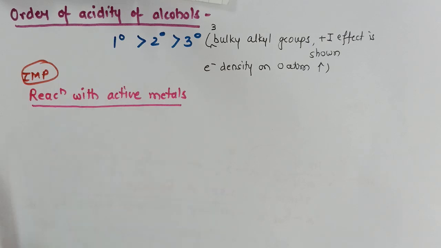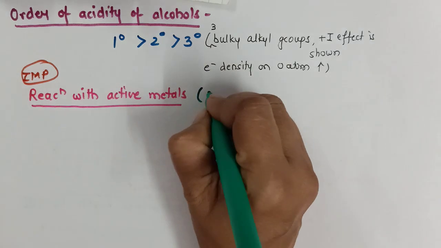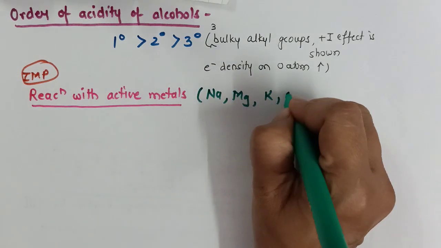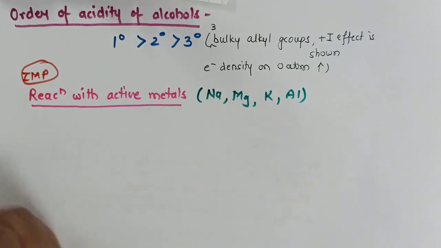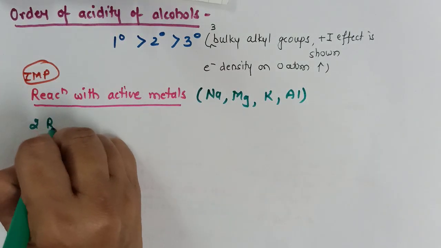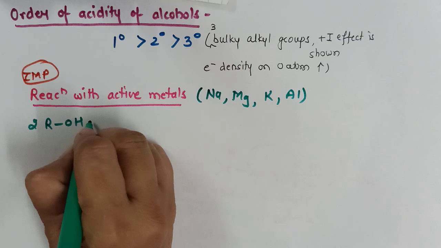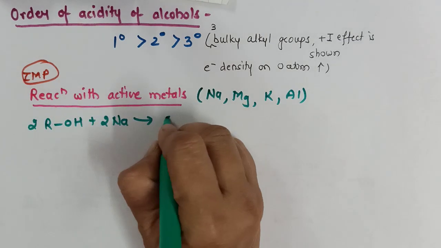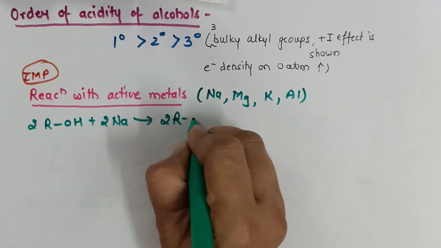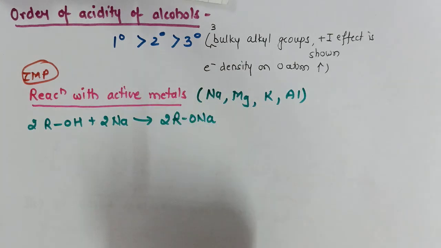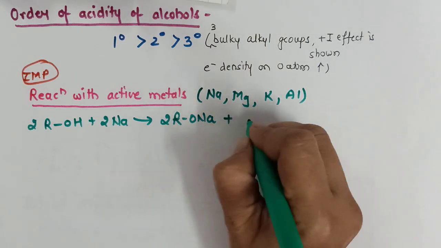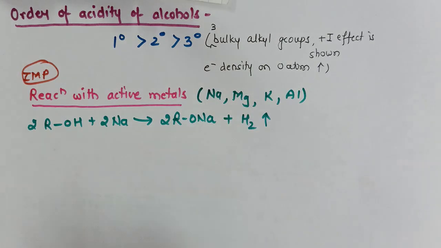Now these active metals can be sodium, magnesium, potassium or aluminum. Any 1 degree alcohol, when it is treated with an active metal like sodium, gives alkoxide, in this case sodium alkoxide, and hydrogen gas is released.